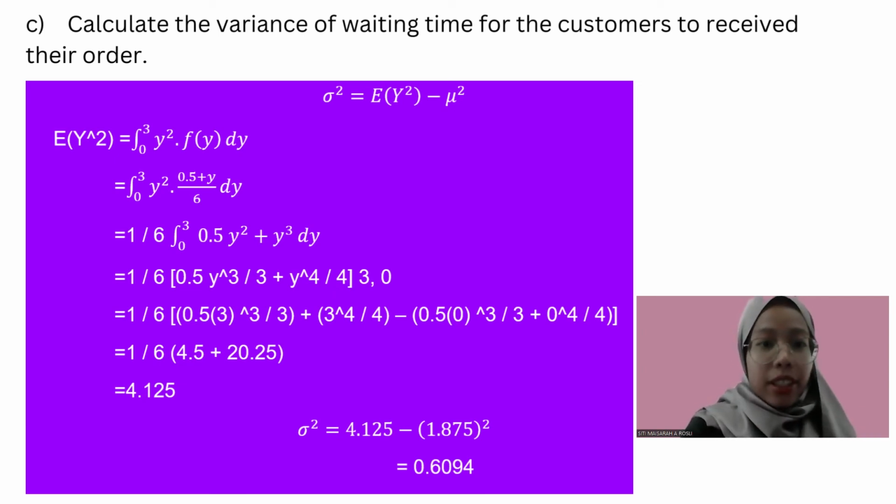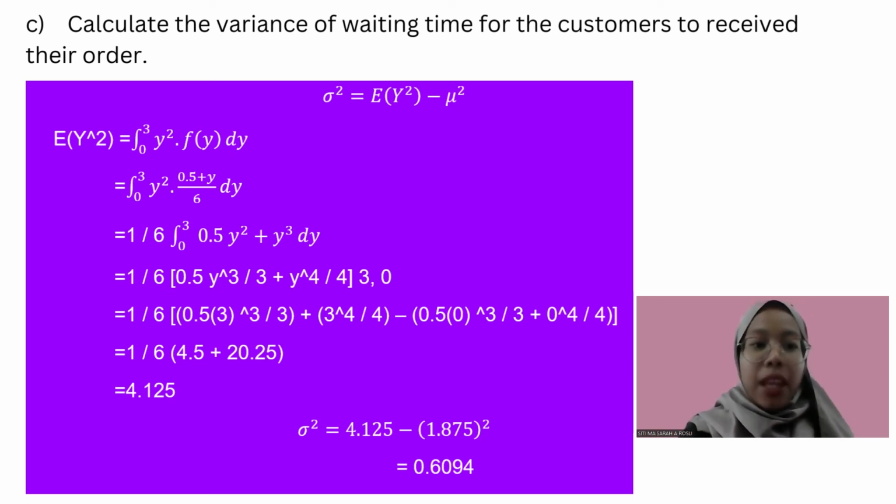Then, from the integration, you will get 1/6 bracket 0.5 y cubed over 3 plus y to the power of 4 over 4, then close bracket 0 to 3. 1 over 6 in bracket 0.5 times 3 cubed over 3 plus 3 to the power of 4 over 4 minus 0.5 times 0 cubed over 3 plus 0 to the power of 4 over 4.